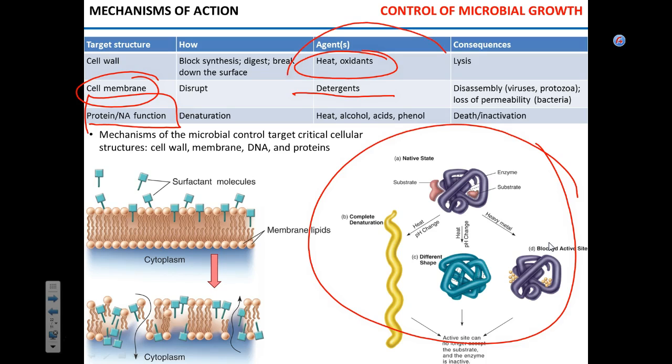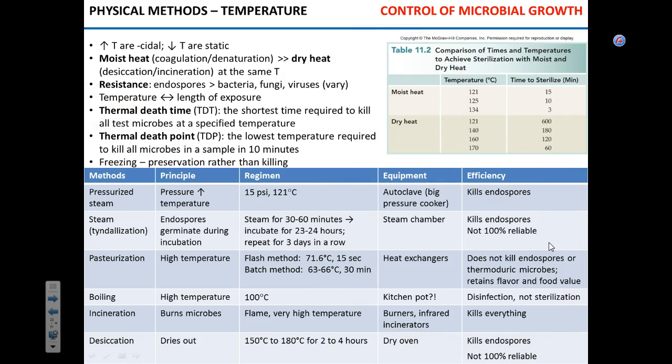Those are just examples. So you have to understand that this list of agents, it's not a complete list. Practically every chemical can, to some extent, denature either proteins or nucleic acids. Does that make sense? Now let's take a glance on physical methods of control.